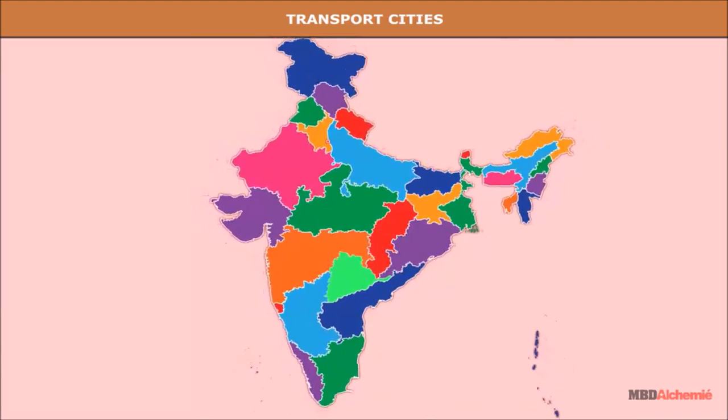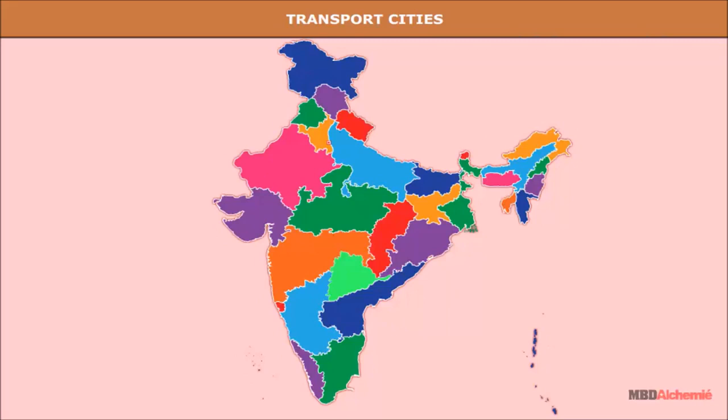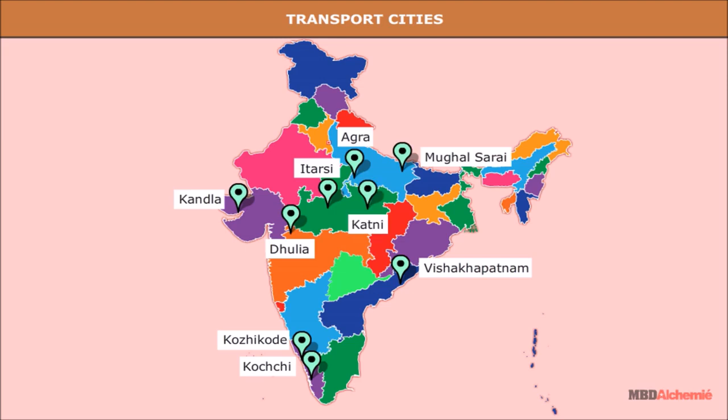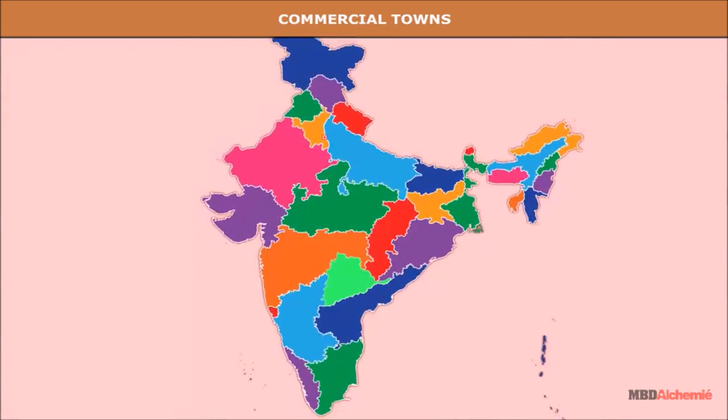Transport cities. They may be ports essentially engaged in export and import activities such as Vishakhapatnam, Kandla, Kochi, Kozhikode, etc., or hubs of inland transport such as Agra, Itarsi, Dhulia, Mughal Sarai, Katni, etc. Commercial towns.